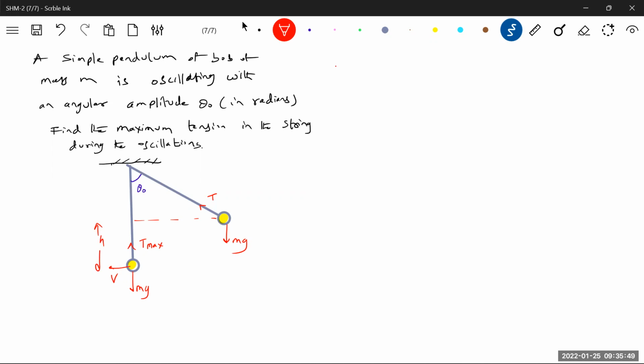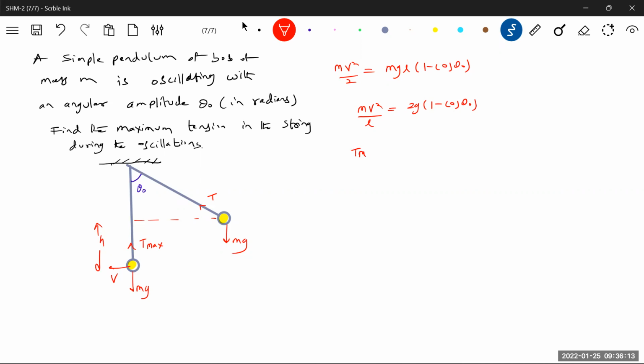So here, what is the equation? First we'll calculate mv square. Decrease in gravitational potential energy gives mv square by L equal to 2mg(1 minus cos theta naught).